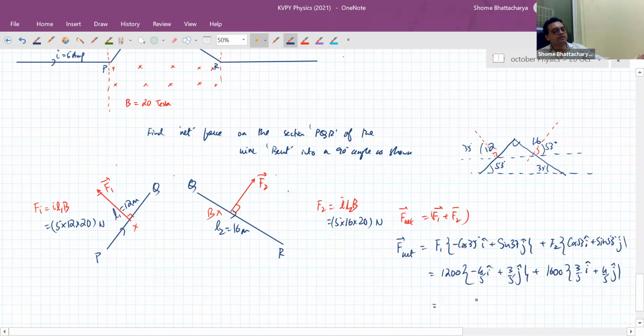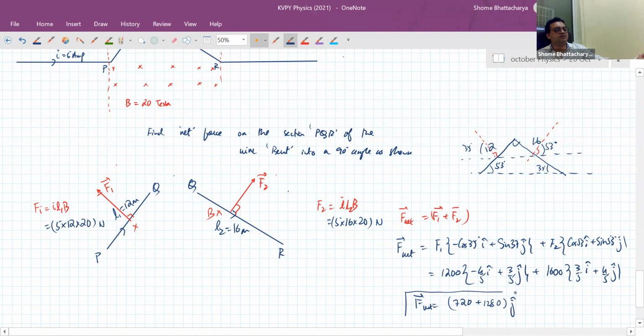So when you add these, you can see the x component will become 0, and we'll have a net force which is 720 plus 1600 into 4 by 5, so that is 320 into 4, 1280. So you have a net force like this.